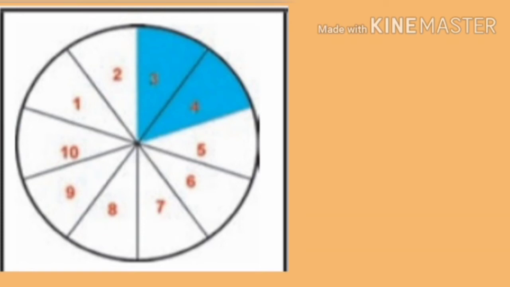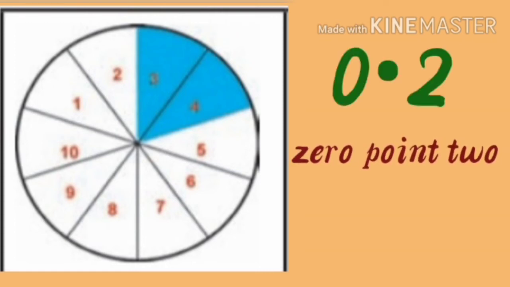Observe the next circle. Here also 10 equal parts are there and 2 parts are shaded. So it is written in fraction form as 2 by 10 and in decimal form as 0.2. Observe the third circle.